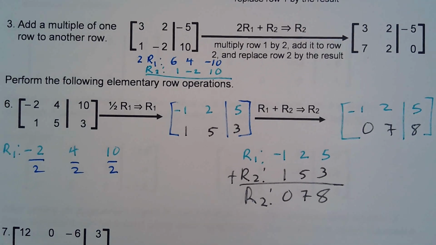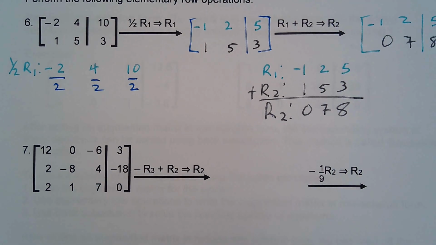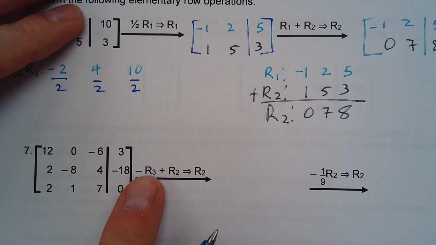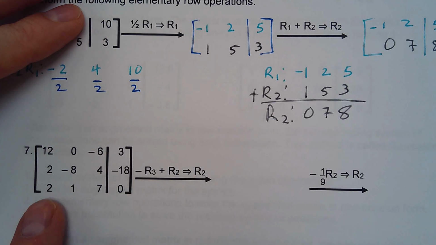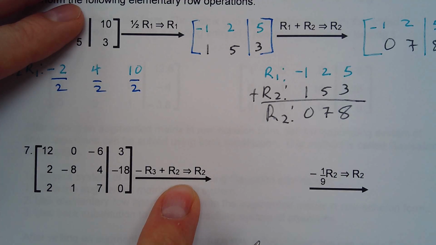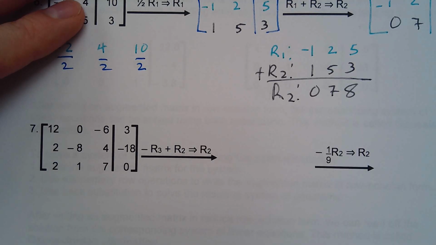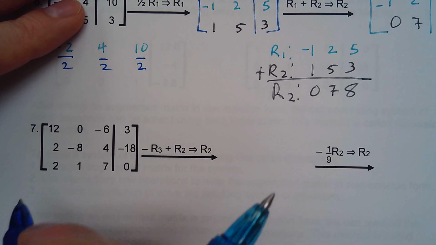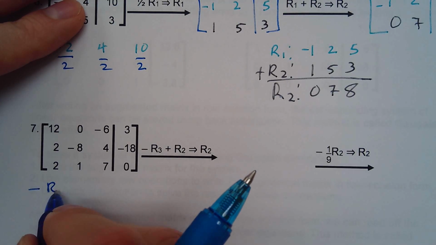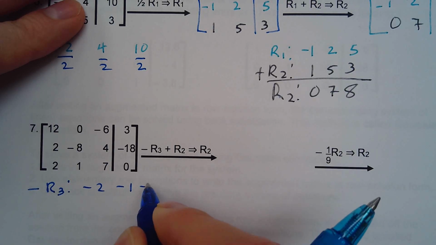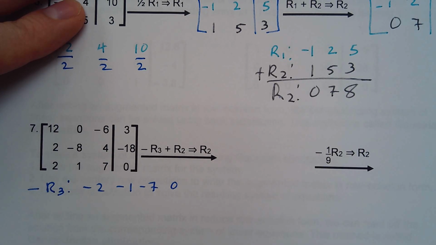Let's try this next one. It looks like we're taking the opposite of row number 3, and we're going to add it to row number 2, and that's going to become our new row number 2. So the opposite of row number 3 would be -2, -1, -7, 0.